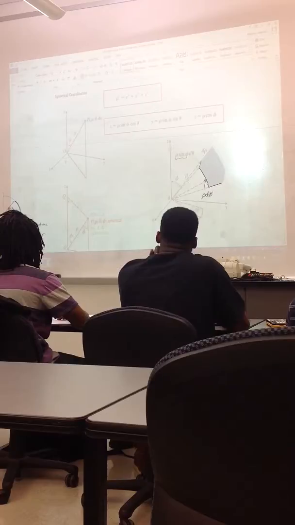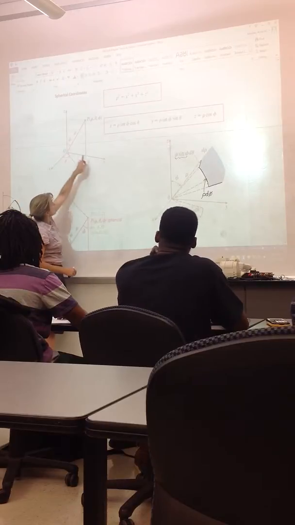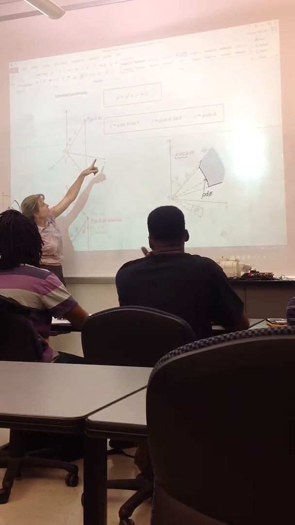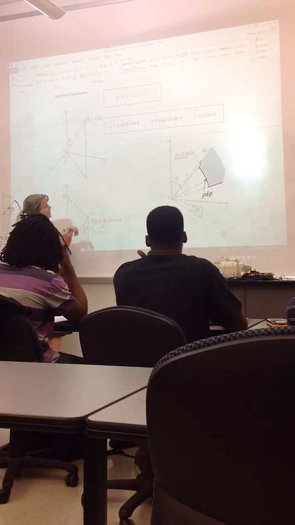And if we went back through the proof of how to define x in terms of rotating with this angle and that angle, x is equal to rho sine phi cosine theta, and y is equal to rho sine phi sine theta.